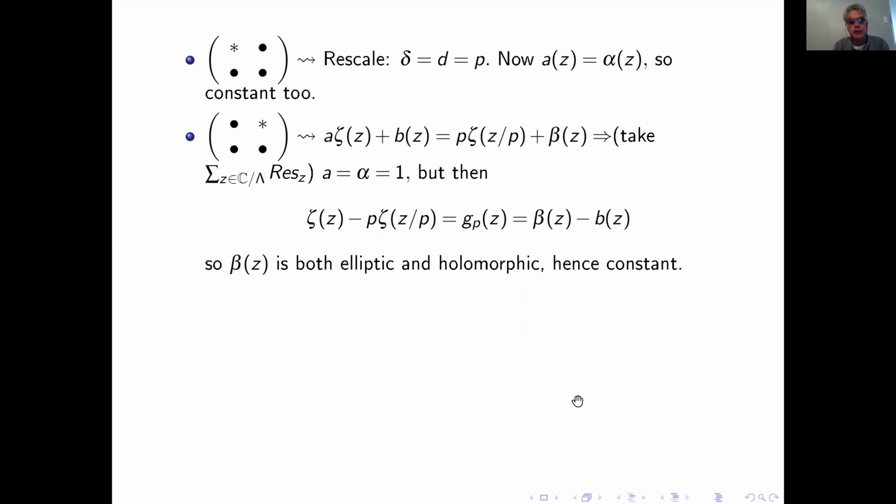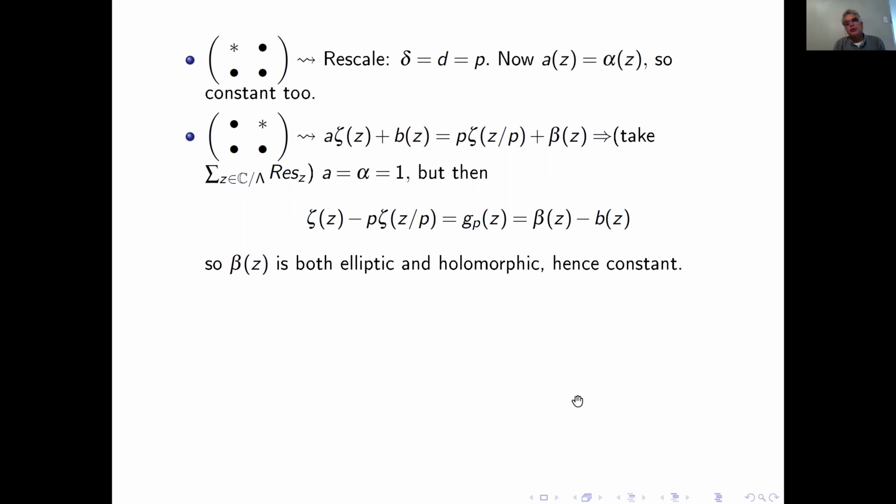And now for the first time comes the relation between zeta at Z and zeta at Z over P: A times zeta of Z plus P is P times zeta at Z over P plus beta. And again, you use this argument of taking residues and the fact that you already know that alpha, which is A, is constant, and you discover by comparing residues that this constant must be 1.